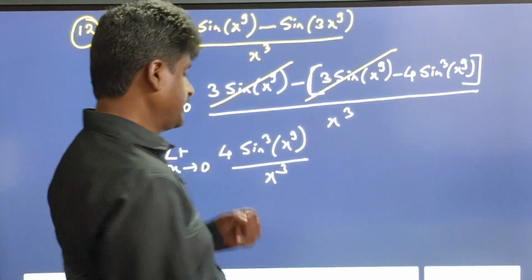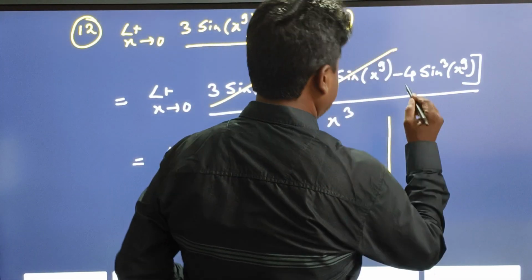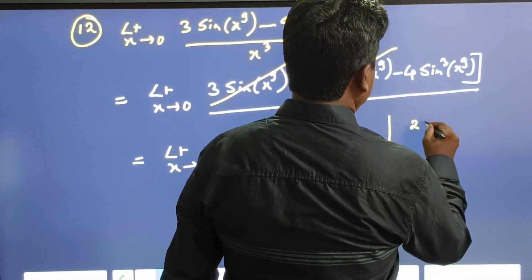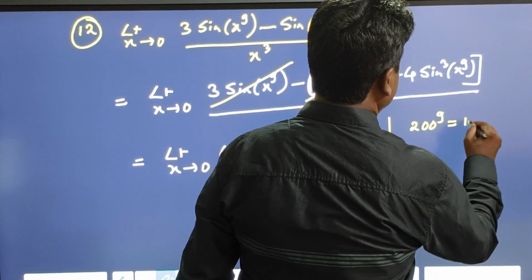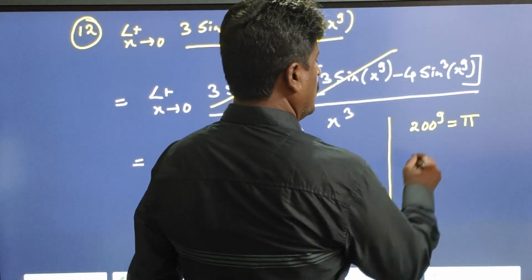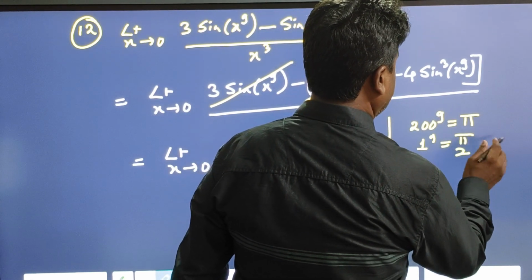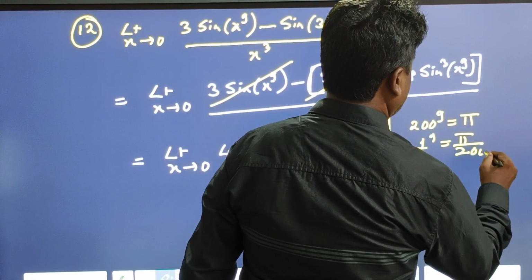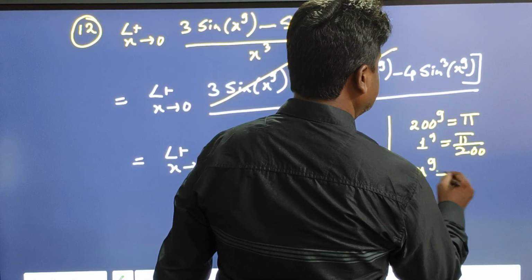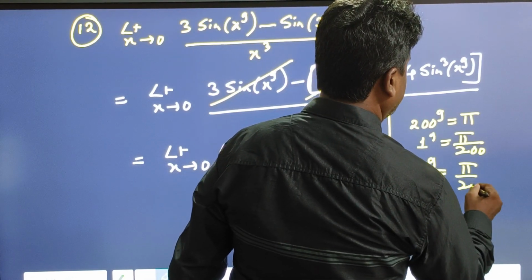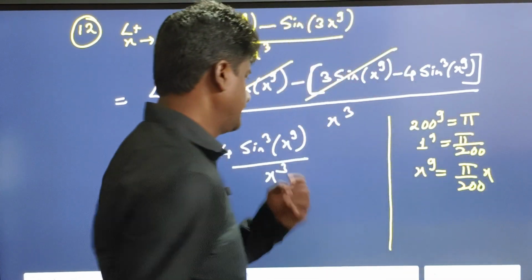Do observe that 200 grades is equal to pi radians. 1 grade is equal to pi by 200 radians. x grades is equal to pi by 200 x radians.